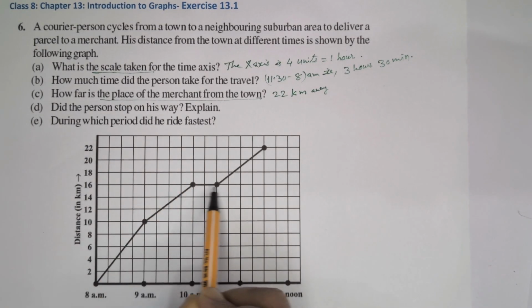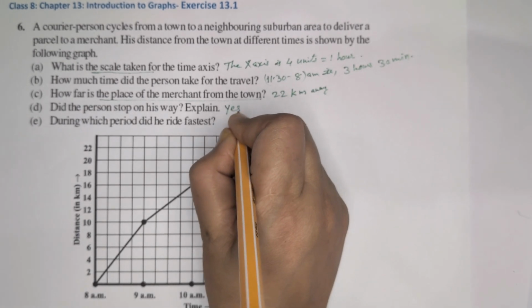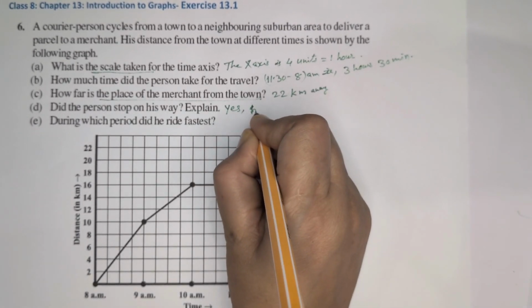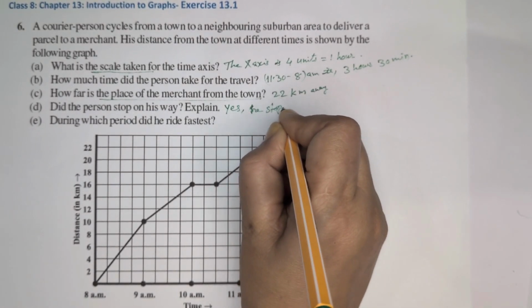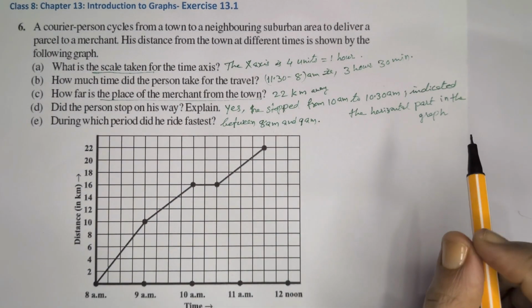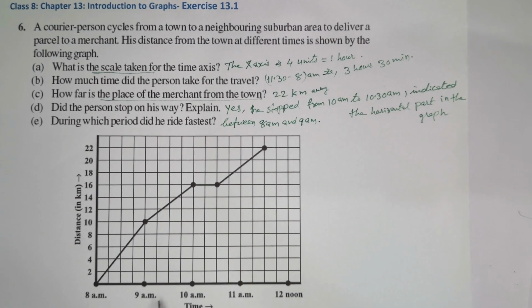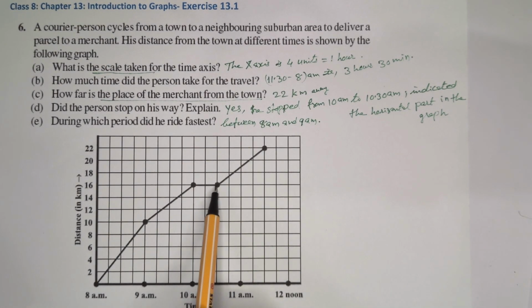The graph is showing horizontal. So we can write he stopped from 10 a.m. to 10:30 a.m. The horizontal line shows that he stopped in between.